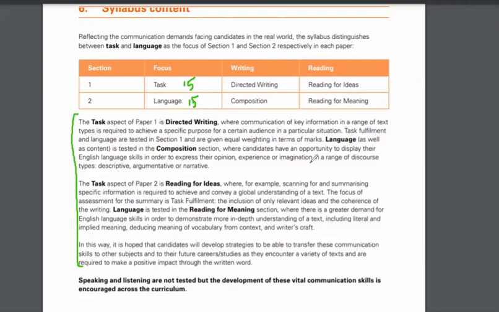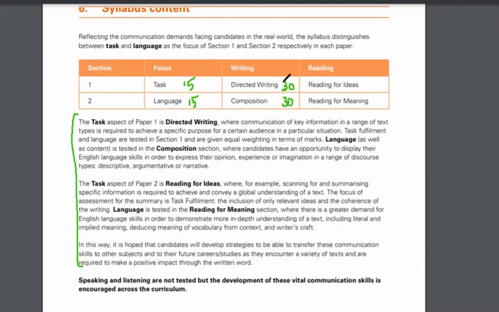So, basically, I am telling you that in both the composition and the directed writing, since each of them were worth 30 marks, this is how marks are further distributed.